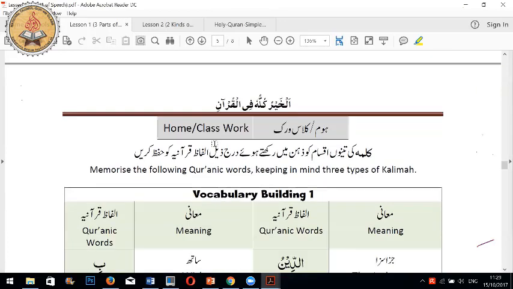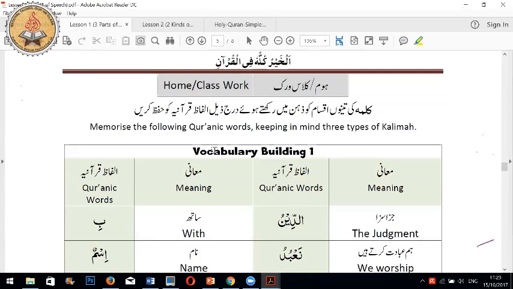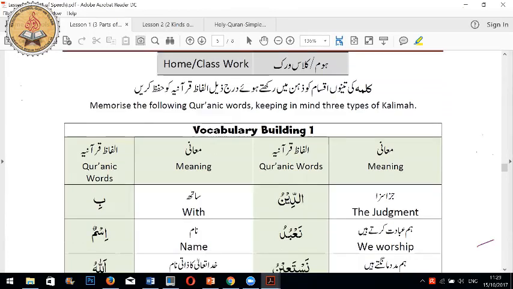Now we come to the homework or classwork. Now, memorize the following Quranic words, keeping in mind the 3 types of kalima. The very first chapter which as Muslims we should memorize is Suratul Fatiha, because without reciting Suratul Fatiha, a unit of prayer is considered incomplete.